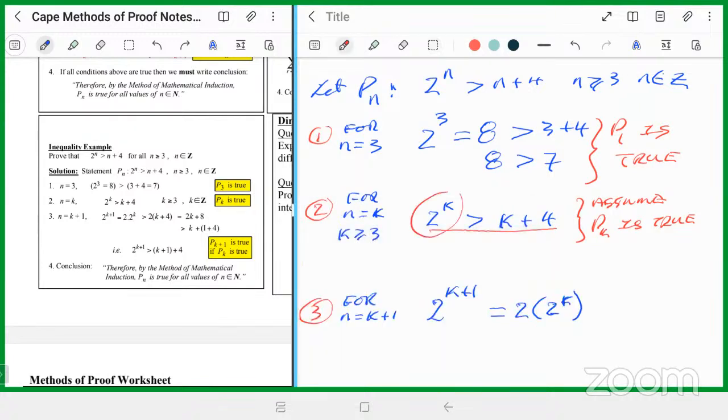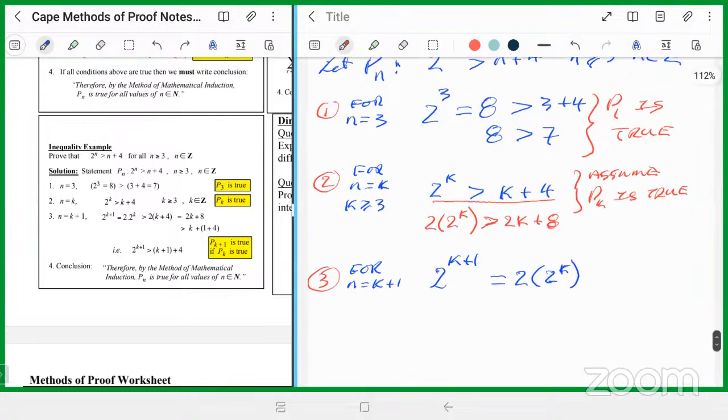The left side will become 2 times 2 to the k, greater than, multiply this by 2 as well, I will get 2k plus 8. So what do I know? This expression that I have on this line is greater than 2k plus 8.